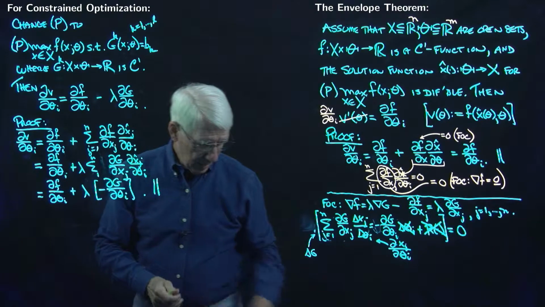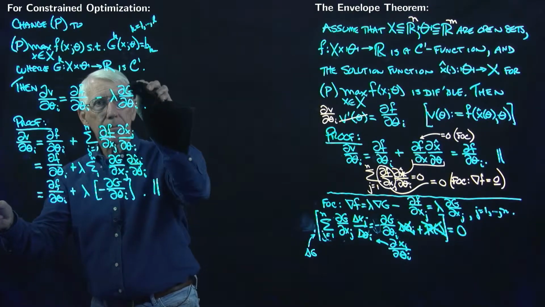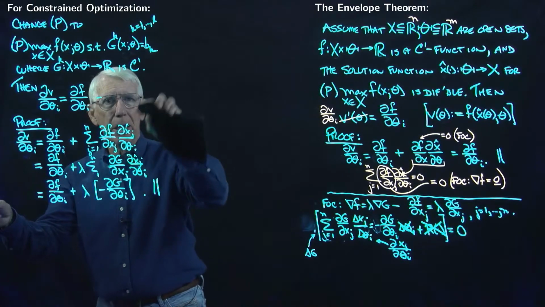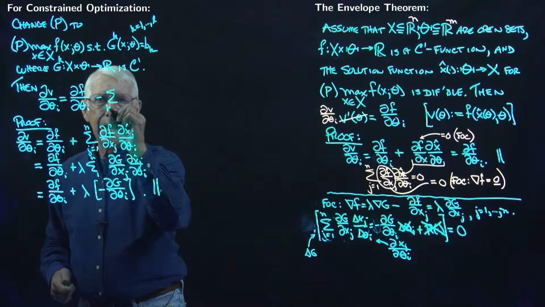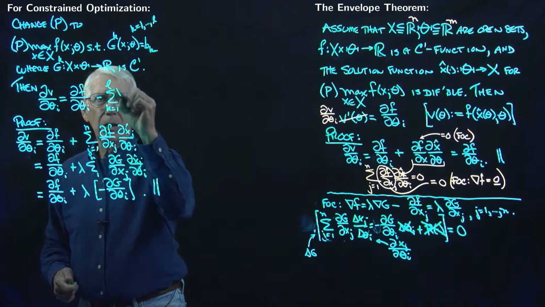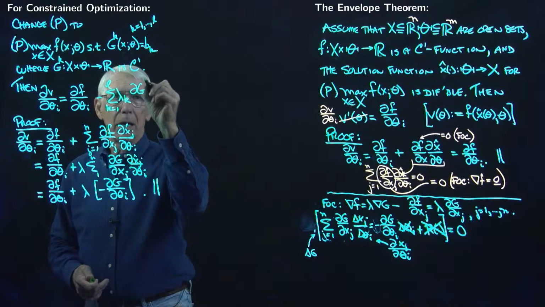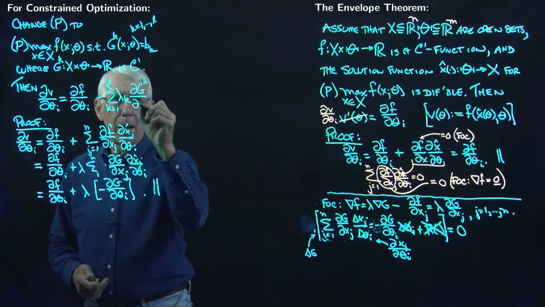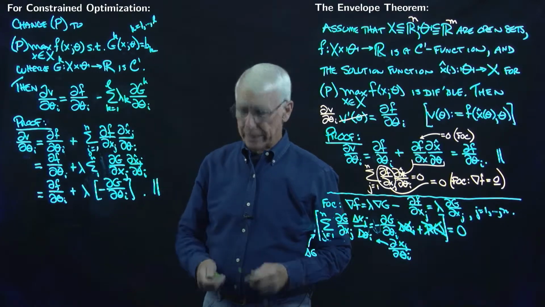In fact, let's replace this with the sum, k equals 1 to L, lambda_k times the derivative of g with respect to theta.